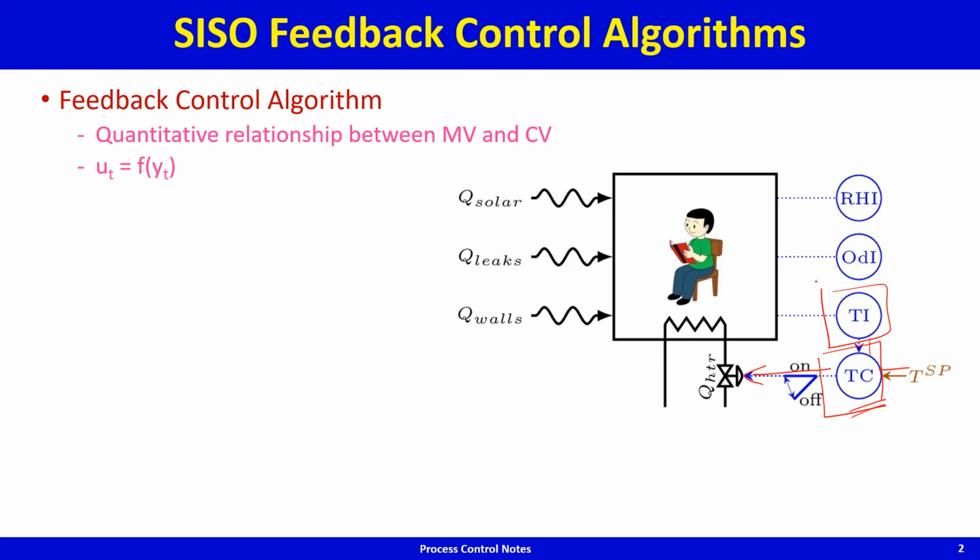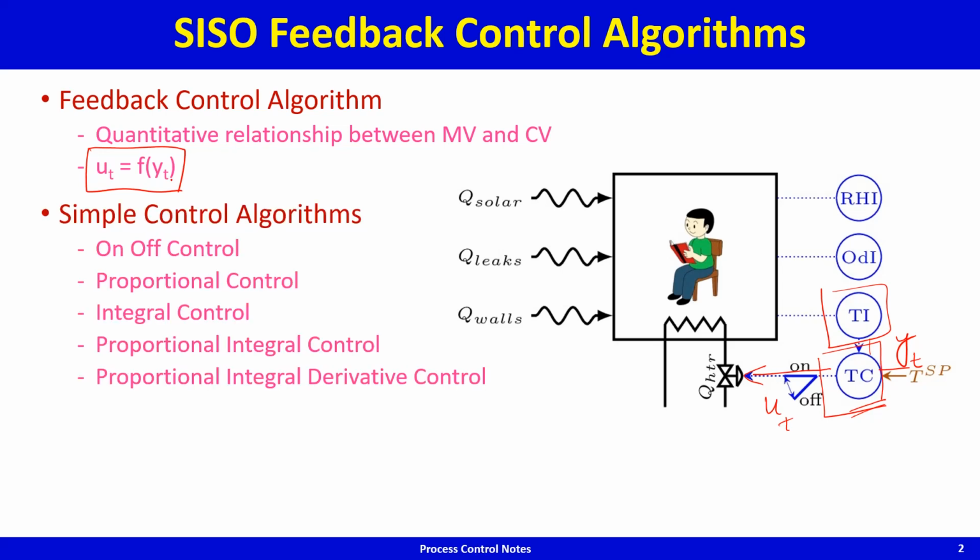So in that sense, if the output of the controller is denoted by U, and the temperature sensor reading is denoted by Y, then the control algorithm gives a quantitative relationship between U and Y. There are some very simple control algorithms: on-off control, proportional control, integral control, proportional integral control, and proportional integral derivative control.